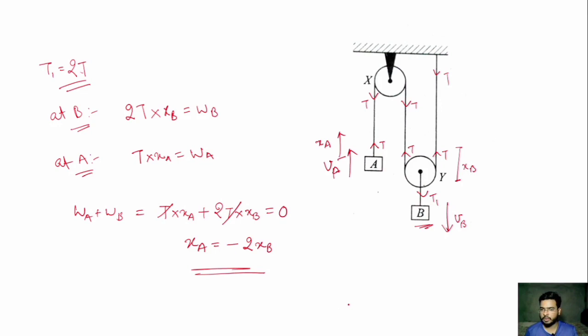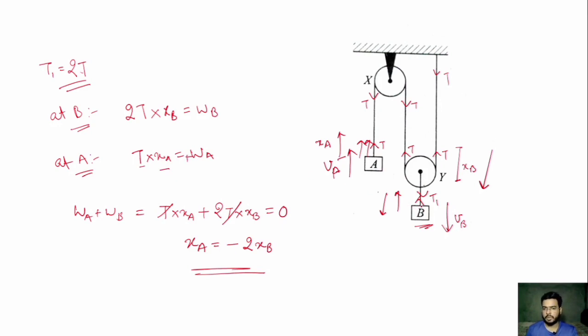Now if we see the direction, XB is acting downwards and T is acting upwards, so the work done at B will be negative. At A, T is applying upward and XA is also upward, so both are positive and WA is positive.